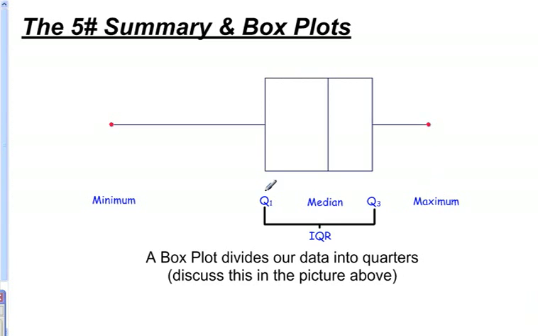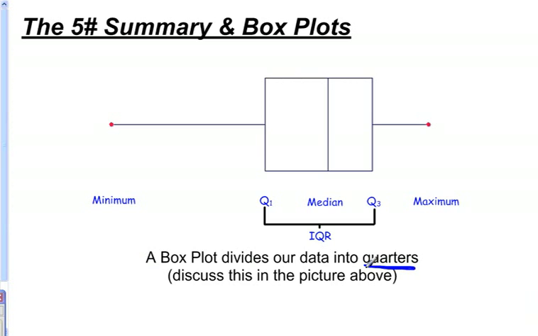The Q1 and Q3, which we have not talked about how to calculate yet, are the ends of the box. So Q1 and Q3 set up the ends of the box. The distance from Q1 to Q3 is going to be called the IQR, the interquartile range, and that will come up a little later too. But the key here is that a box plot divides our data into quarters.